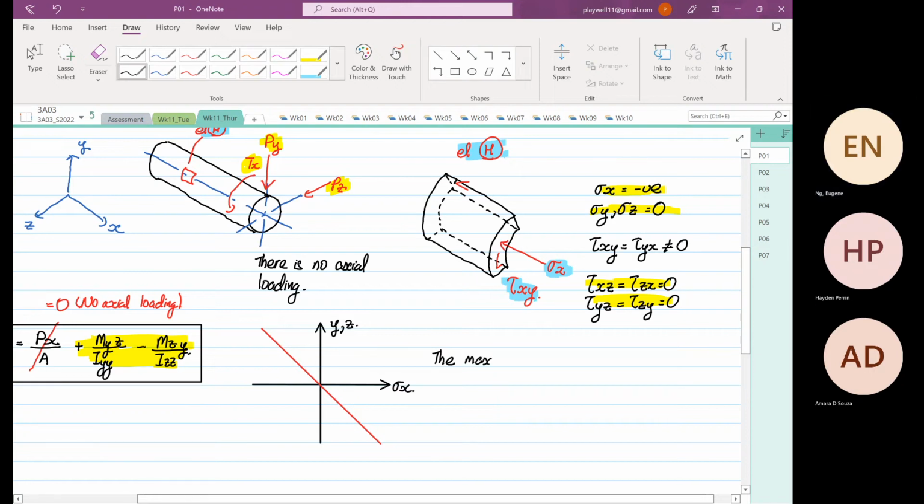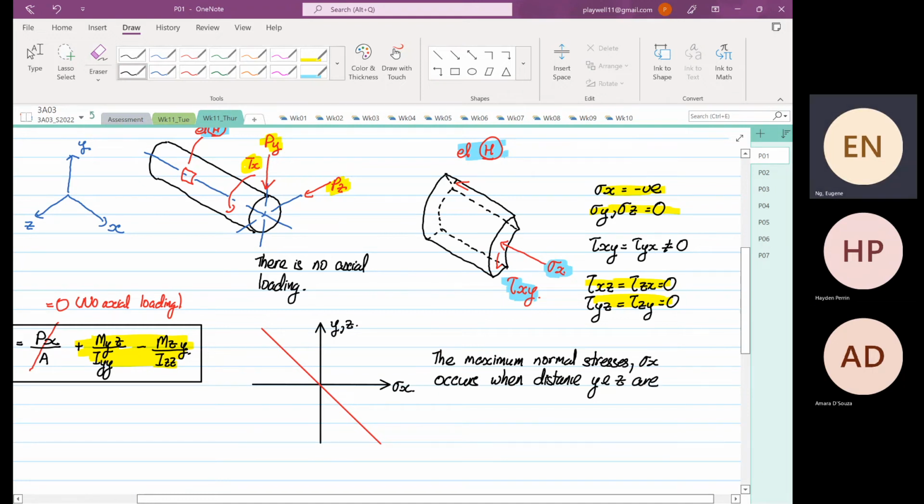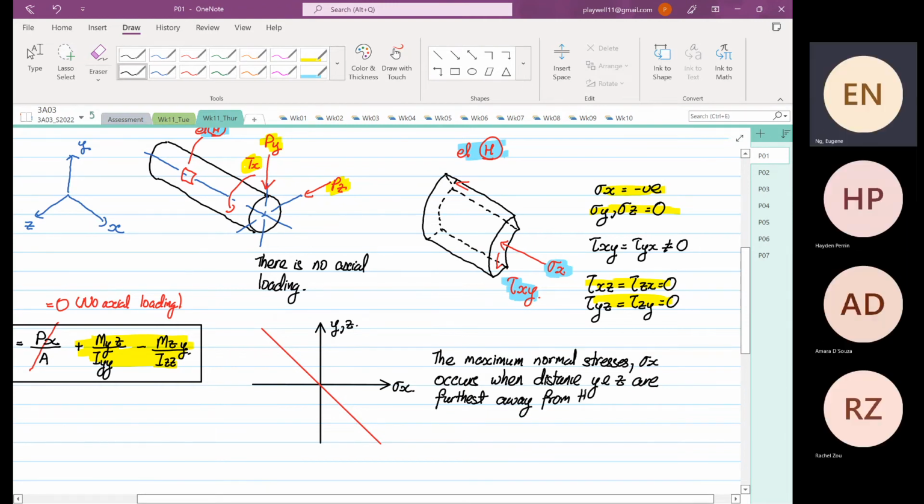What we realize with our distribution is the maximum normal stress, or stresses, in terms of your stress X, occurs when distance Y and Z are furthest away from the central.